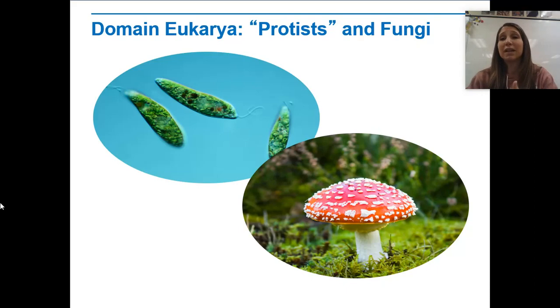We have plant-like protists that are photosynthetic, like these. We have animal-like protists that are not photosynthetic, that are heterotrophic, that have to eat to obtain their food, like amoeba. And then we have fungus-like protists that, again, are also consumers and heterotrophs. They cannot make their own food, but they function an awful lot like fungi would, like this mushroom you see right here, right?